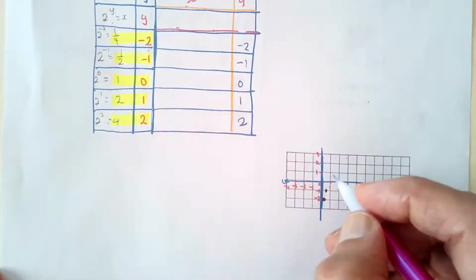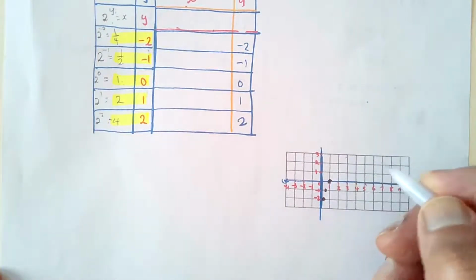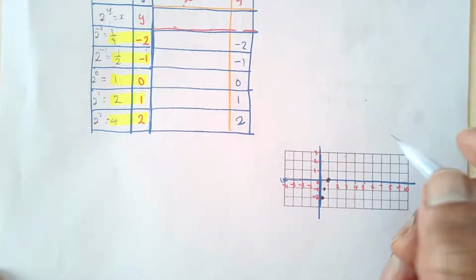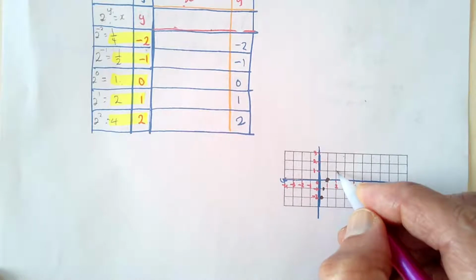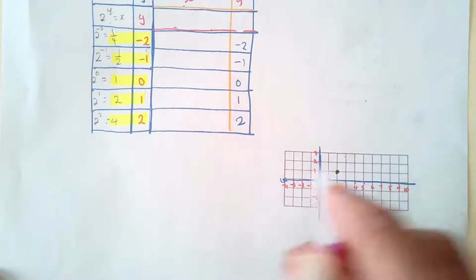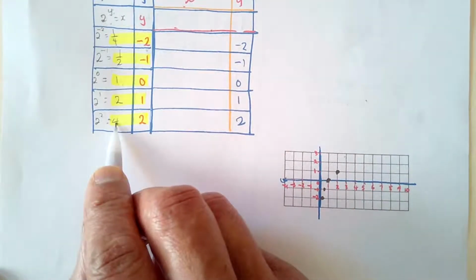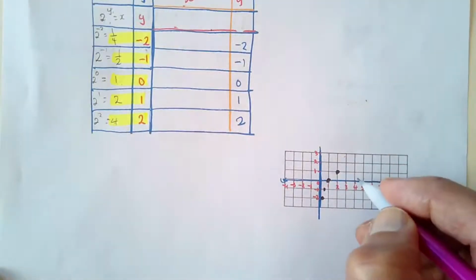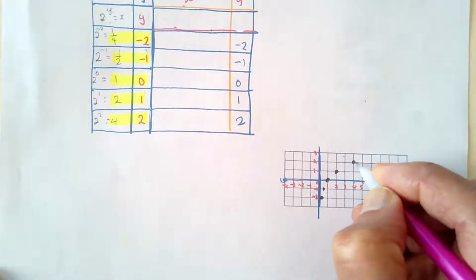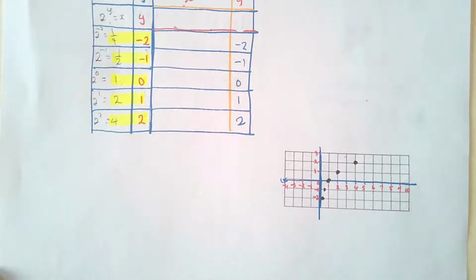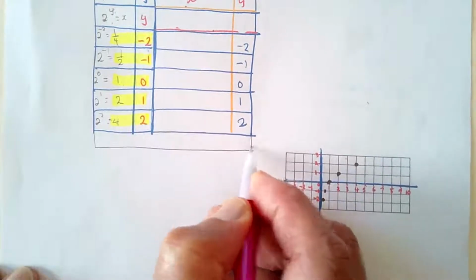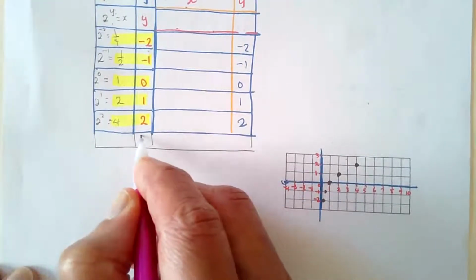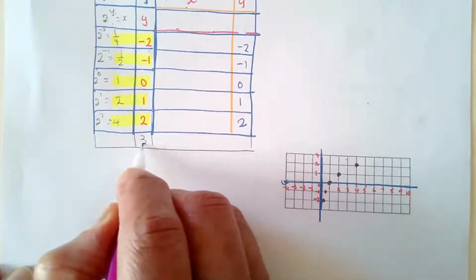So that gives us our x-intercept, true to form. Then x is 2, y is 1. Finally, x is 4, y is 2. We probably could get another one here, y is 3.